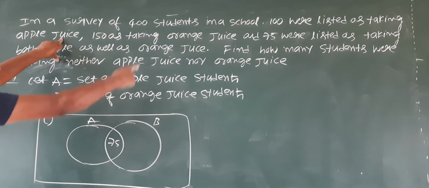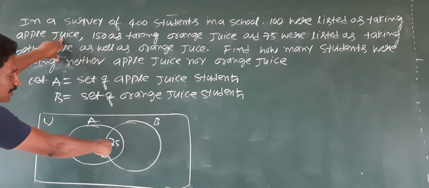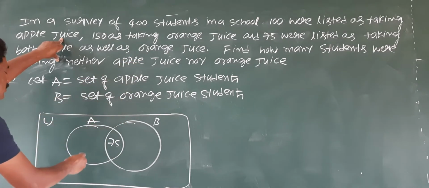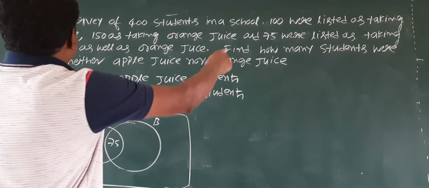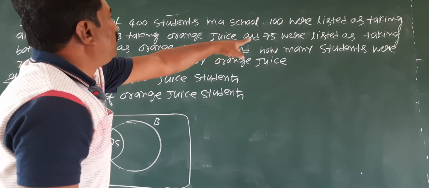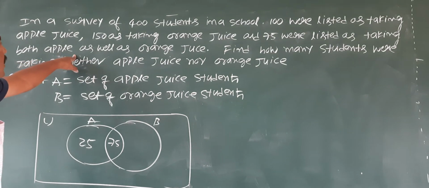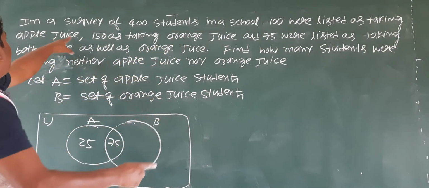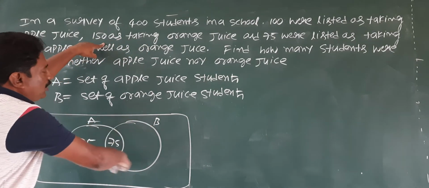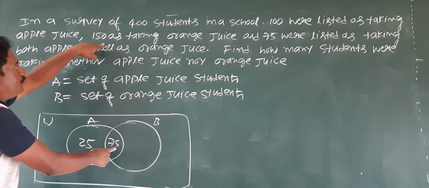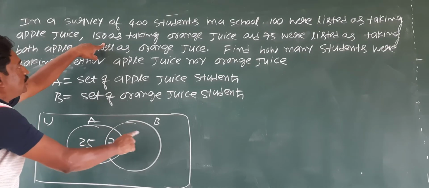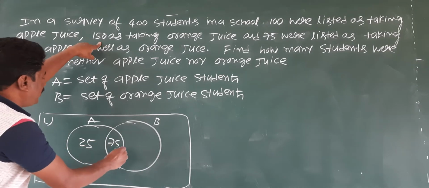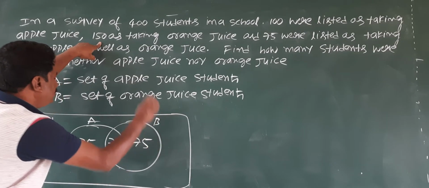In set A there are 100 students in total, and 75 of them are already there, belonging to A also. So 100 minus 75 is 25, and 25 plus 75 is 100. Next, B, orange: people who like orange. The total number of elements of B is 150, but B already has 75, which also belongs to B. So the remaining is 150 minus 75, which is 75.